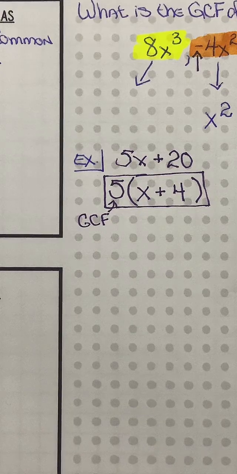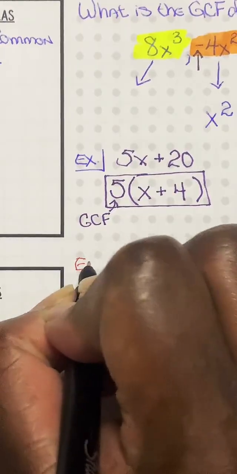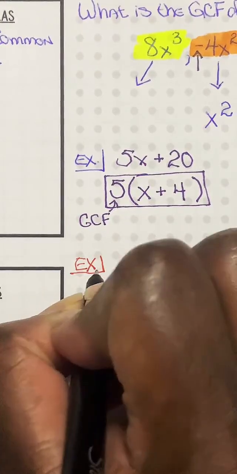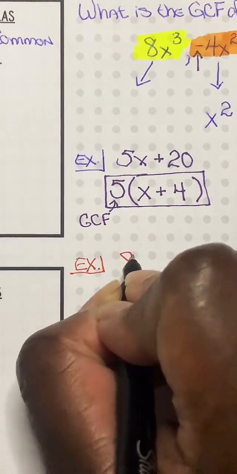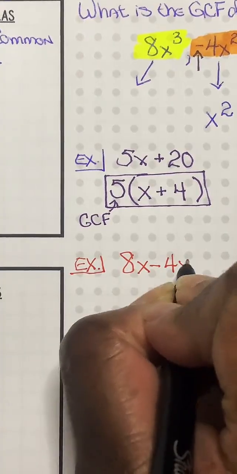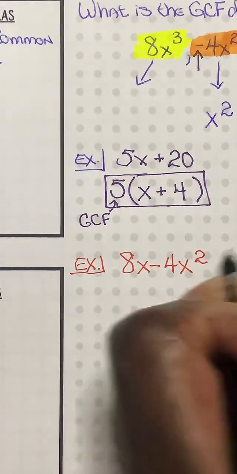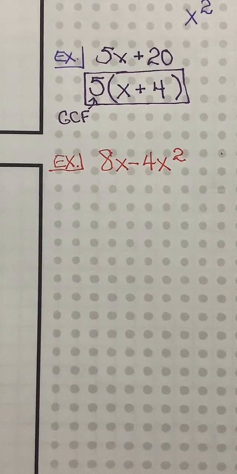Let's try another one. So we have 8x minus 4x squared. 8x minus 4x squared. First off, what would be your GCF?